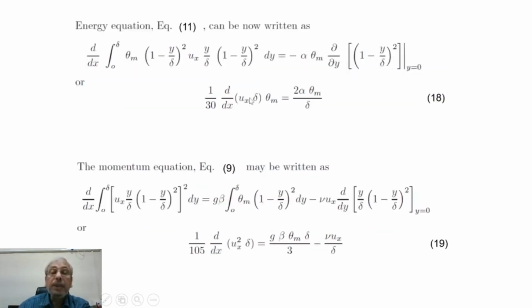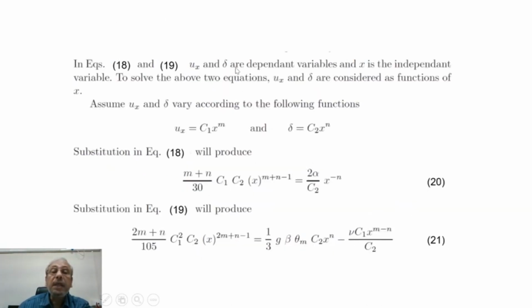In both equations we can see Ux and delta appear. To solve the above two equations, Ux and delta are considered as functions of x. So Ux and delta vary according to the following functions.